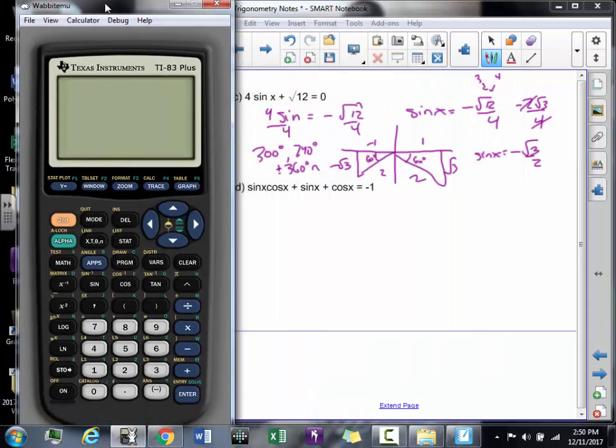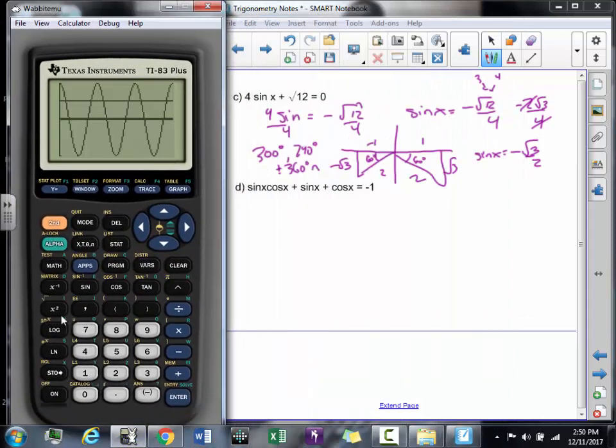Not everything is designed to be easily solved using some sort of algebraic technique. I bet I can find a way to solve it using algebra, but this is way easier. You go sine x, cos x, add sine x, add cos x, and then tell me where that is equal to negative 1.